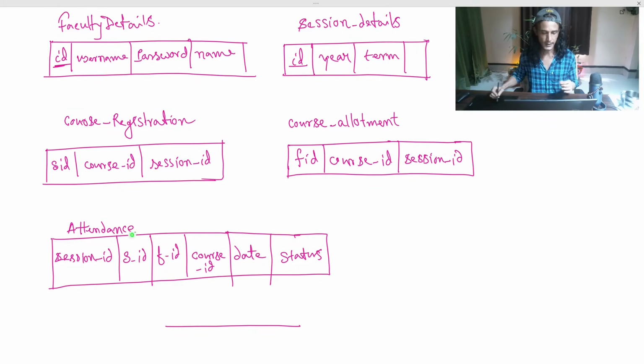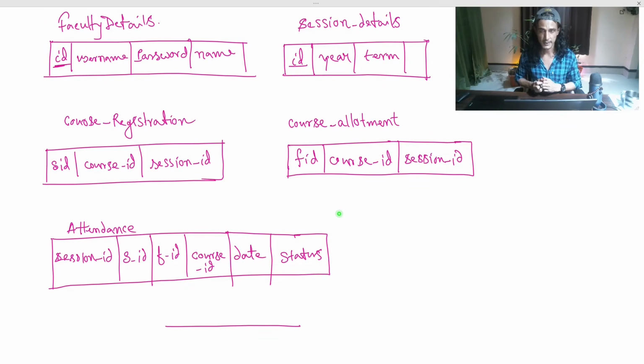If the corresponding entry is not there at all, it means by default the student is absent. But if the entry is there, then we'll check the status. If it is present, it means present. If it is absent, it means absent. So some minor changes you can do in this arrangement, but more or less with this arrangement, we'll be following.